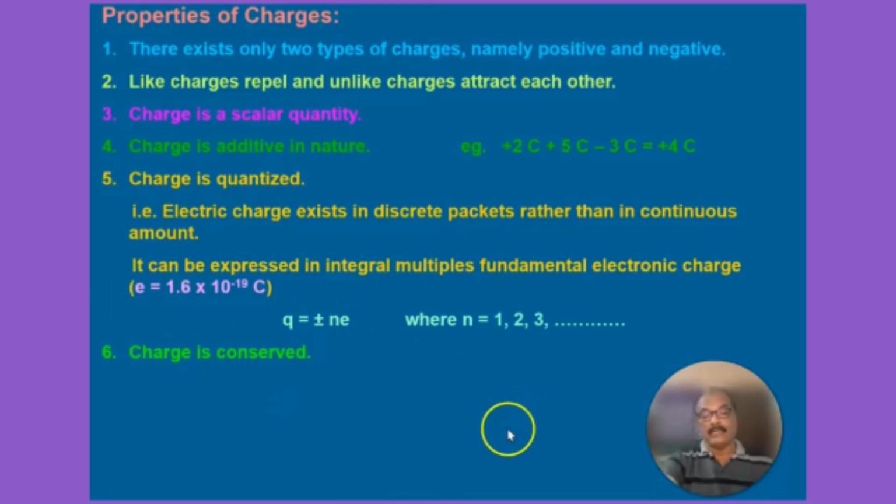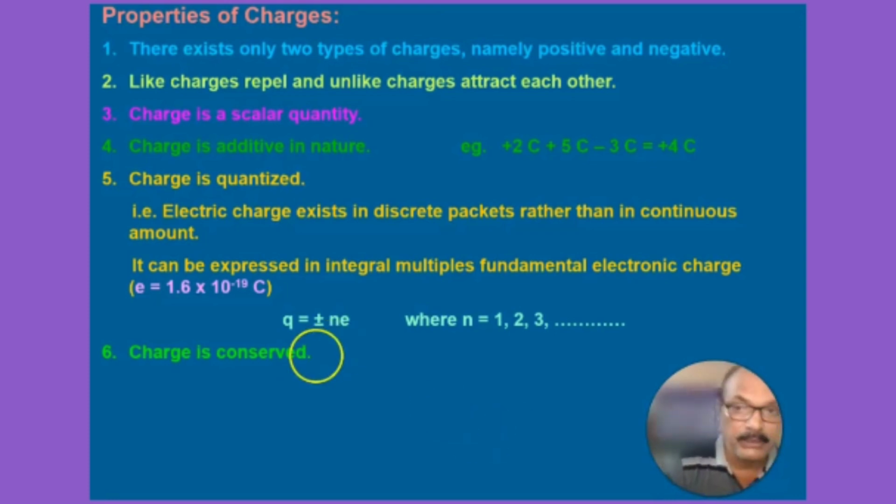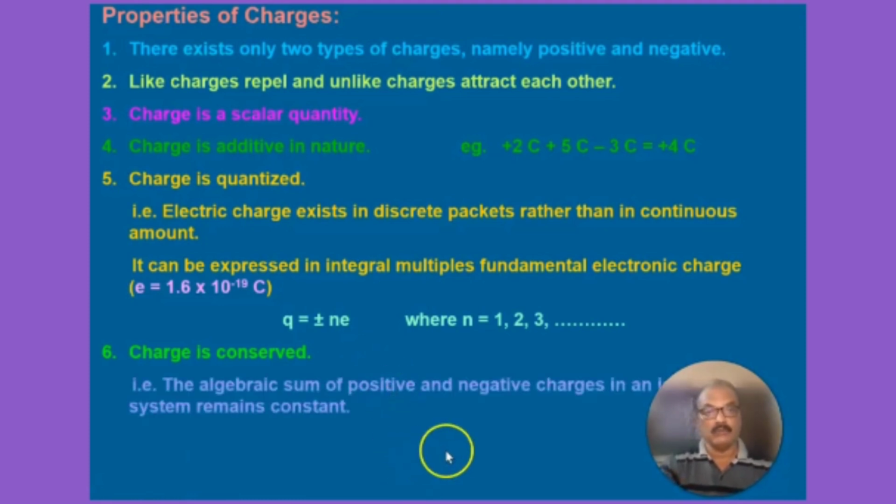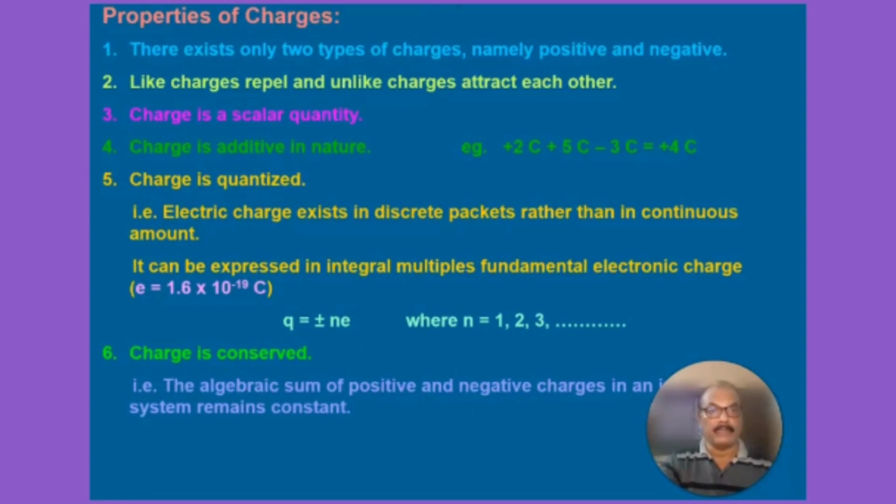Charge is conserved. As I told you already, charge can neither be created nor destroyed, but can be transferred from one body to another body, and the total charge in the universe remains constant. One question will come on additive nature, quantization of charge, or conservation of charge. This type of question is the most expected question.